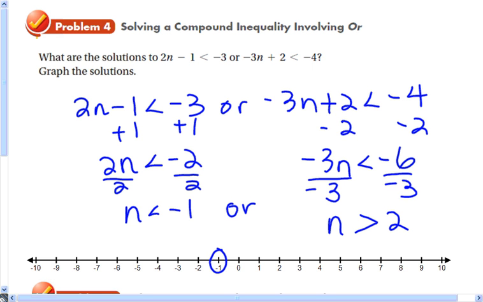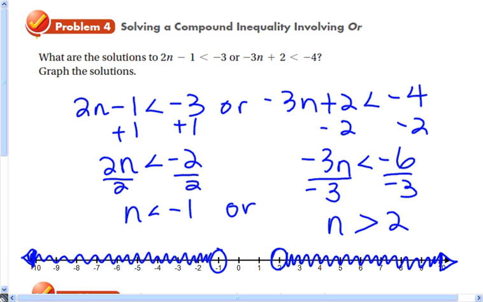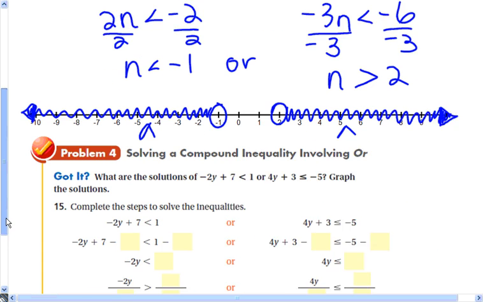All numbers that are less than negative 1 are like numbers like negative 2, and so on. So that would include all those numbers. Numbers that are greater than 2 are numbers that are out here. One thing you'll notice about this graph is that we have arrows going in each direction. That means that a number will make this true if it's from this side or if it's from this side. So two different parts of the graph.